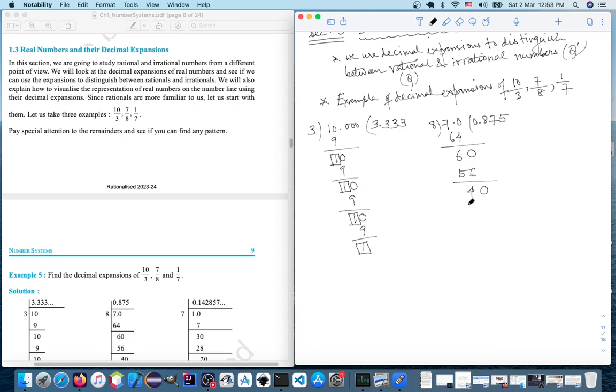So here the long division method has come to an end. The remainders were 6, 4, and 0.